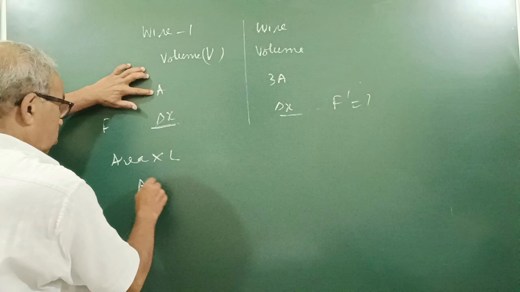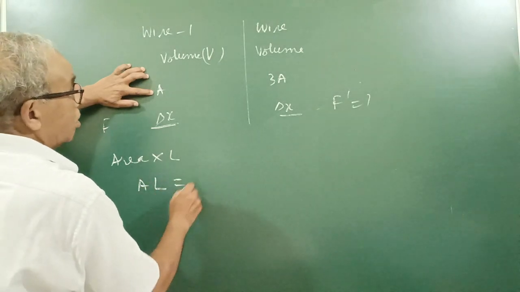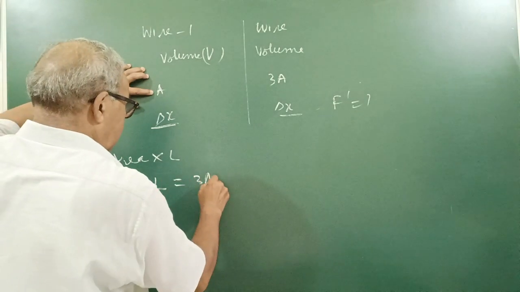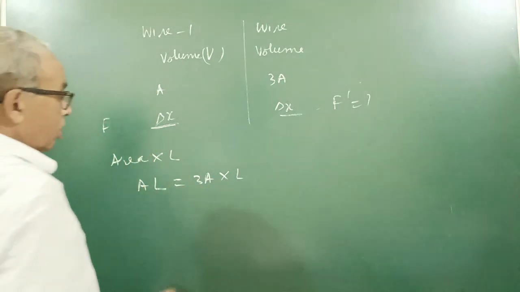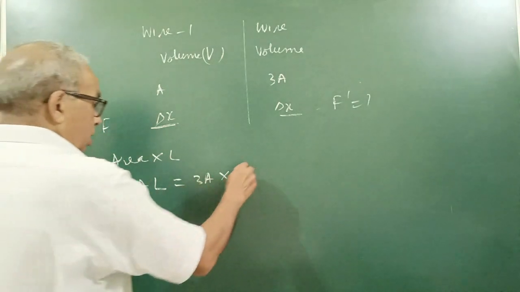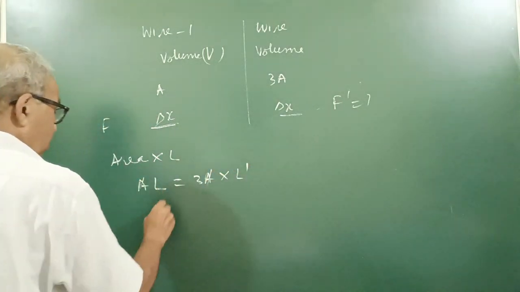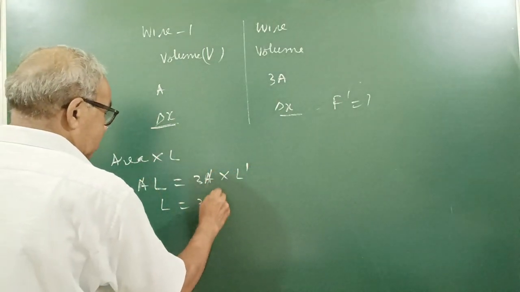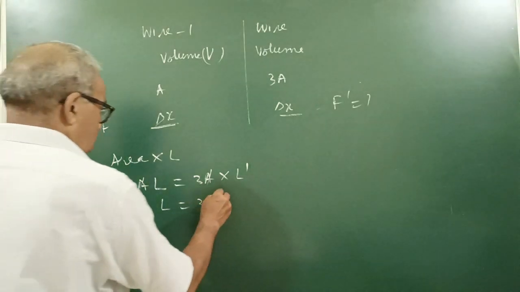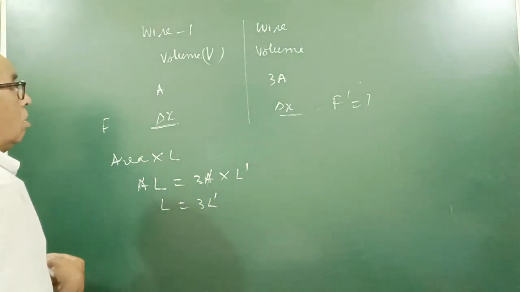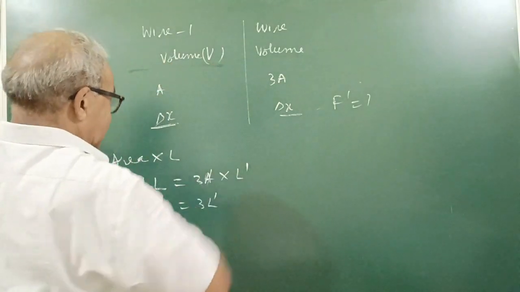So A into L is equal to 3A into L dash. So it means L is equal to 3L dash. That means this wire is longer.